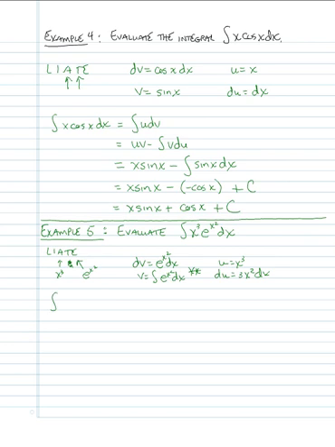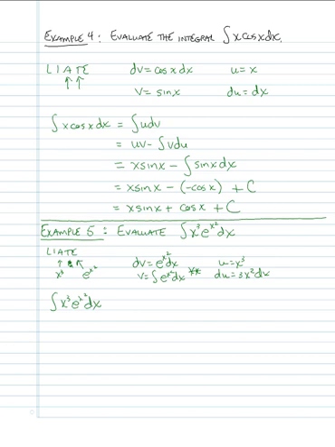What I would first do in this case is, the reason I can't integrate to get my dv, I've got an integral of e to the x squared dx, and that's the problem, because I can't use substitution there. If I had x times e to the x squared, then I could integrate.